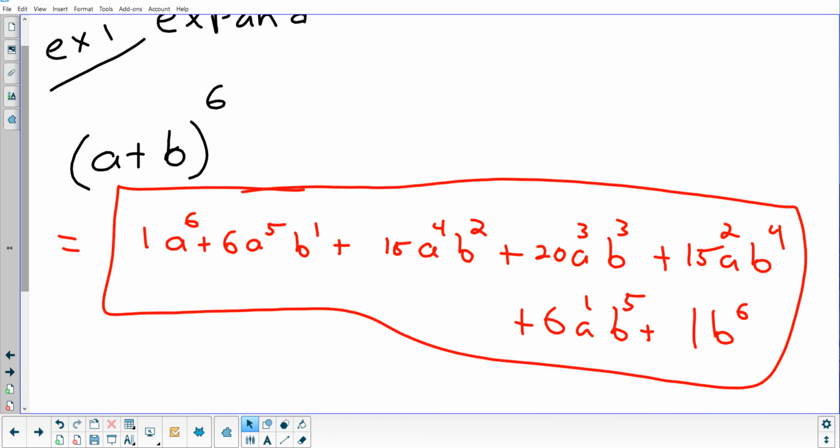And that's a quick way to take A plus B and raise it to the 6th power without having to FOIL or do any of that. Any questions on that? All right, so you put whatever you have here as your first one with the highest exponent, and whatever you have here starts with the lowest exponent.